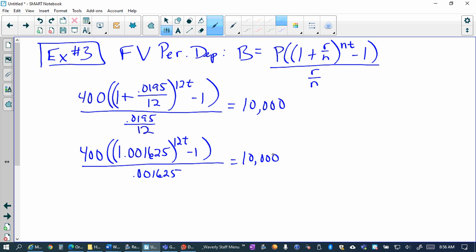Well, we don't have a purely exponential function, so we are going to have to clean this up. We'll have to divide by 400 and also multiply by 0.001625. We could do that both at the same time by multiplying both sides by the reciprocal. So if I multiply by 0.001625 over 400, I've got to do the same to the other side.